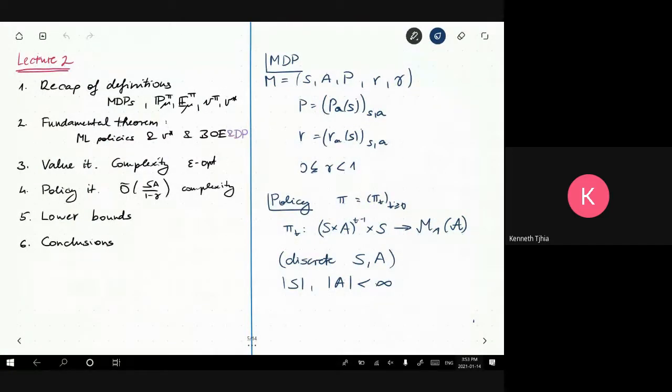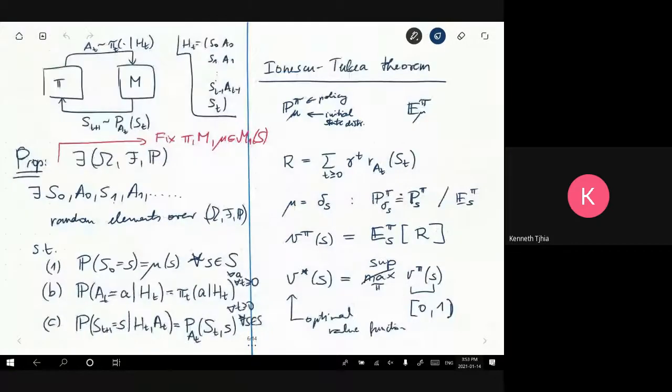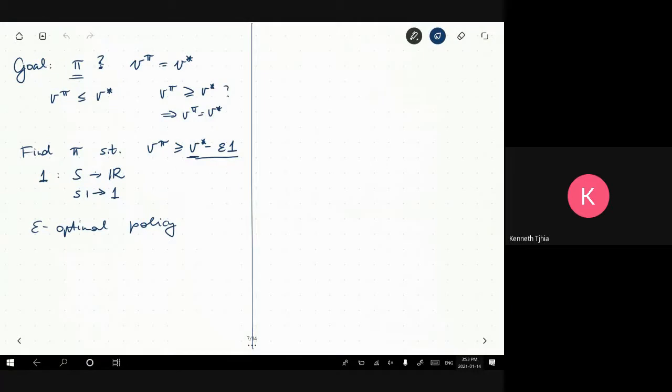We want to come up with much simpler objects, much simpler policies that have a compact representation, such that if someone would execute this policy in this MDP, the values that they would get at every single state would be epsilon close to optimal. So one class of policies of particular interest because it has a very compact representation is the class of memoryless policies.